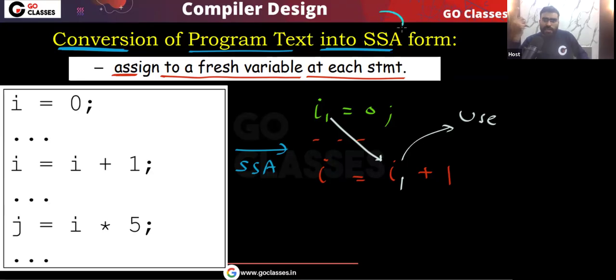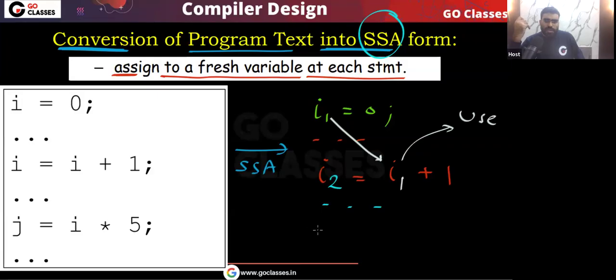Static single assignment. You should not assign to this same variable again, so you can use a different variable, I2. You can call it I1, you can call it I2. This is the very simple idea.